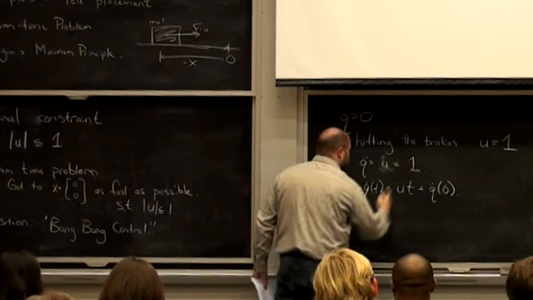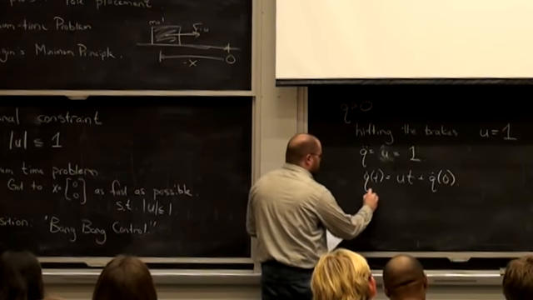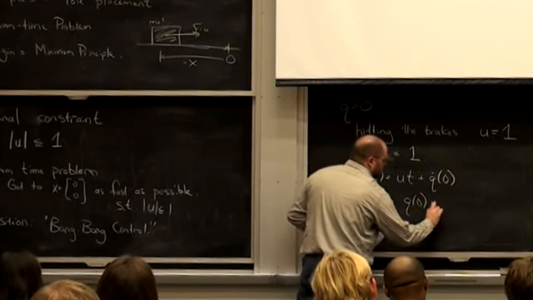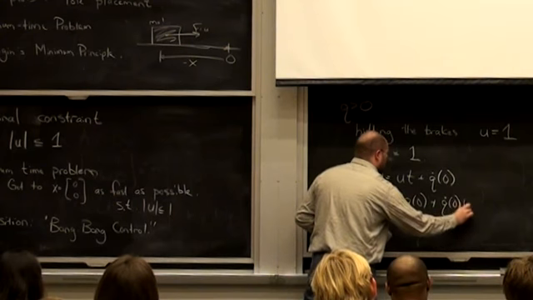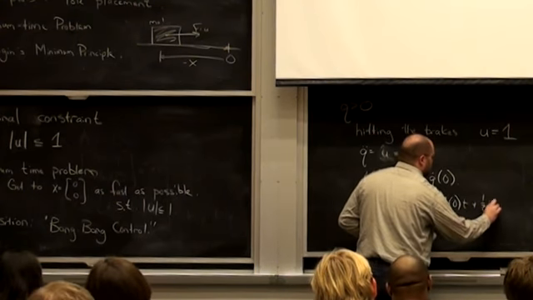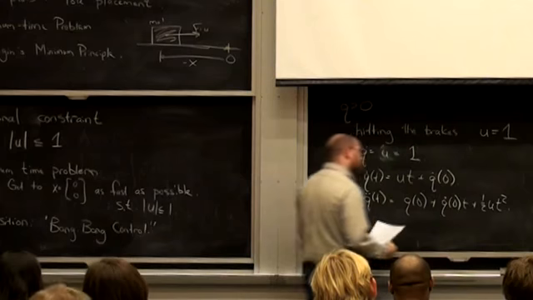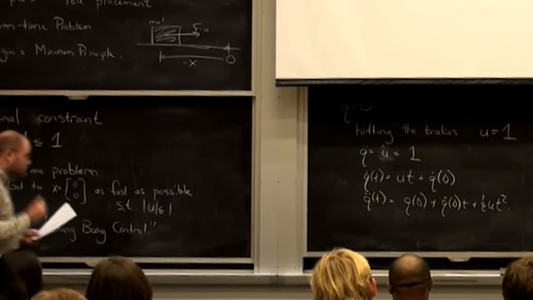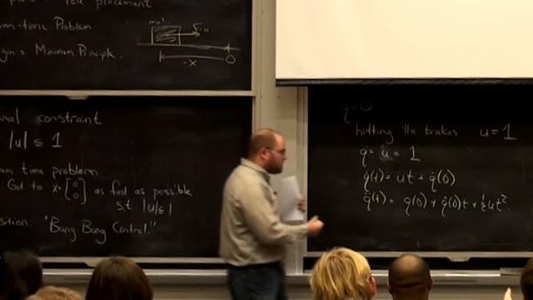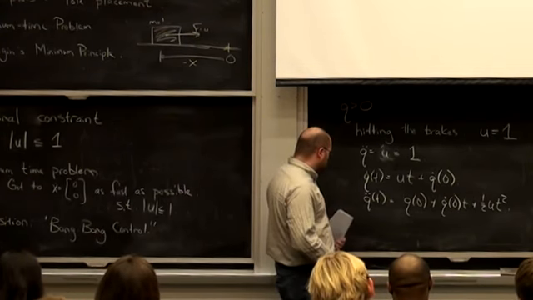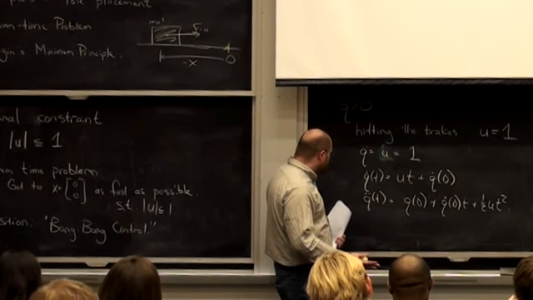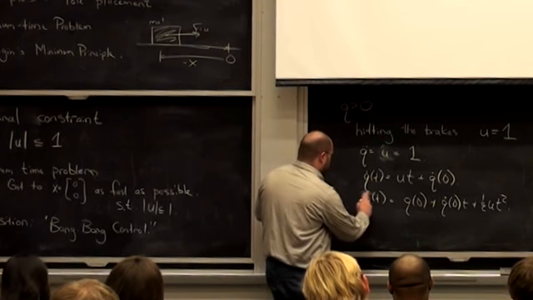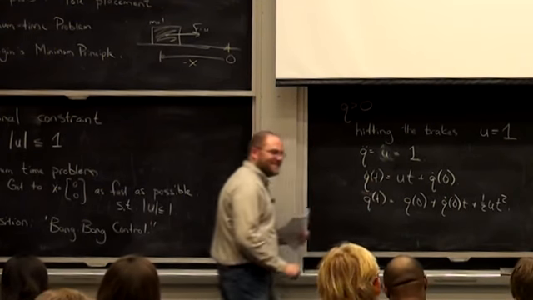And q of t is q0 plus q dot 0 t plus 1/2 u t squared. Did I screw it up? Just in the label. Oh, sorry, thank you, good.